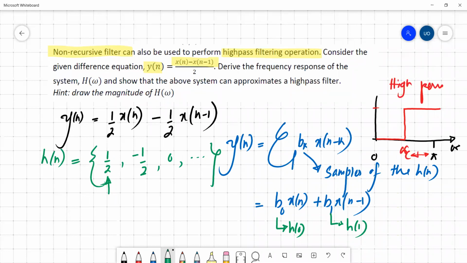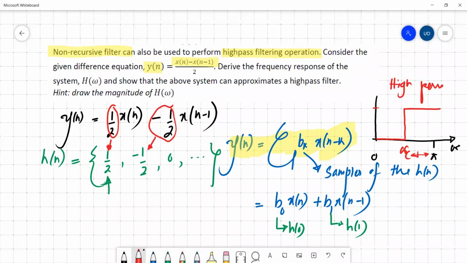So nothing else. We just refer back to the general formula, which gives the characteristic of a system through a difference equation. The coefficients of x and its delayed versions give the taps of the filter or system. So this half represents the first tap, or first coefficient, of the filter, and this minus half represents the second tap.